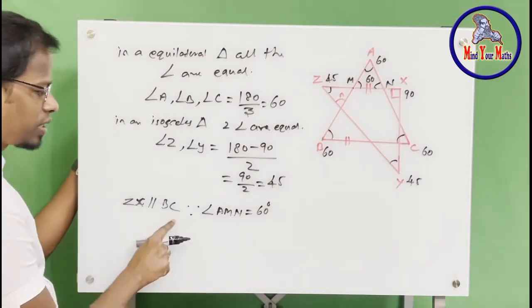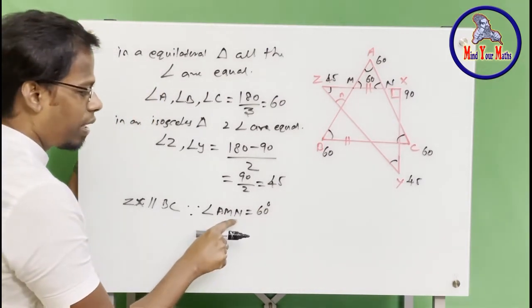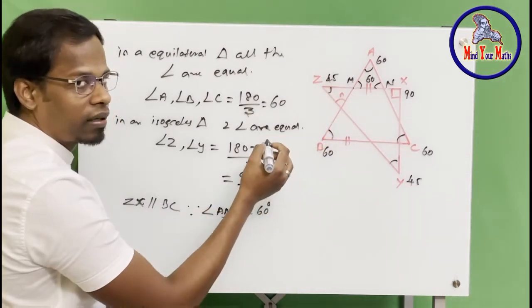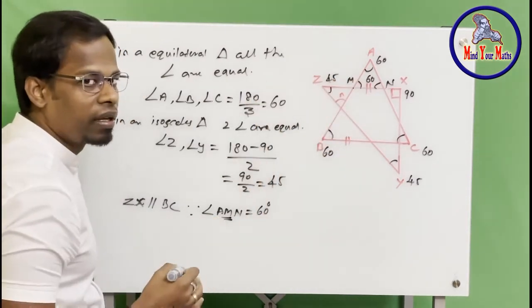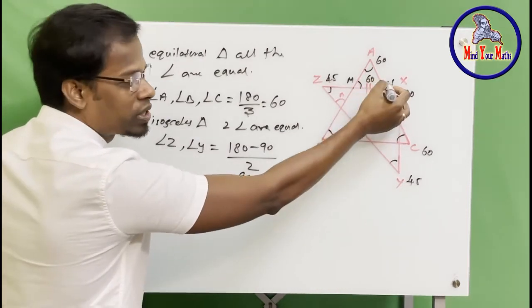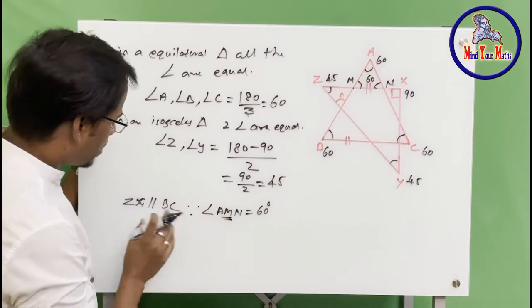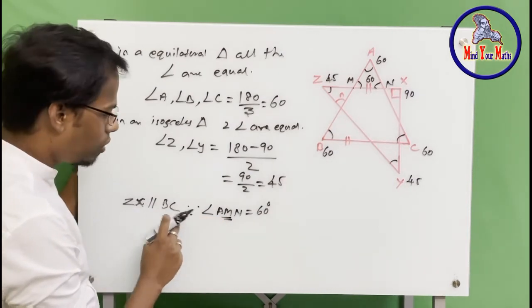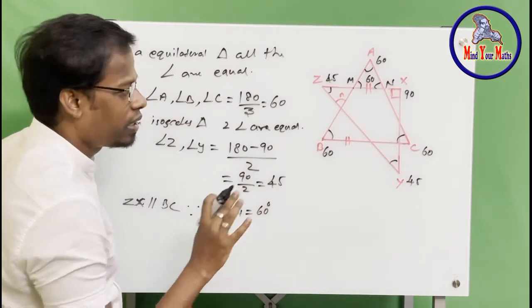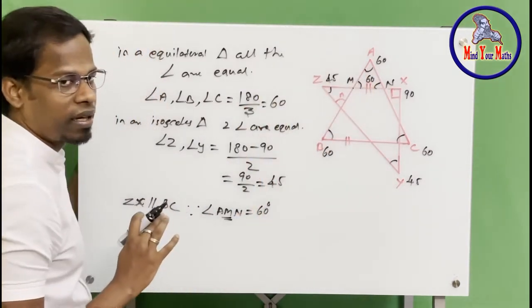See, with this condition, AMN, the M is the middle point of the triangle, right? This one is 60 degrees. This point we have given a name because we just used it. So in this triangle, with this clue, angle AMN is equal to 60 degrees. So this one is 60 degrees, right?